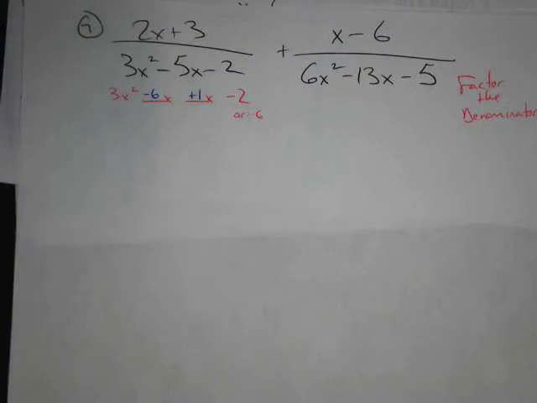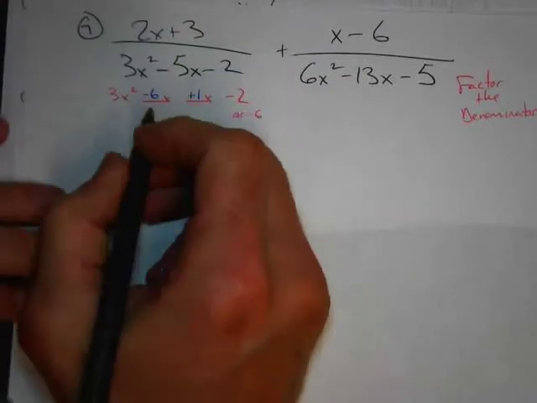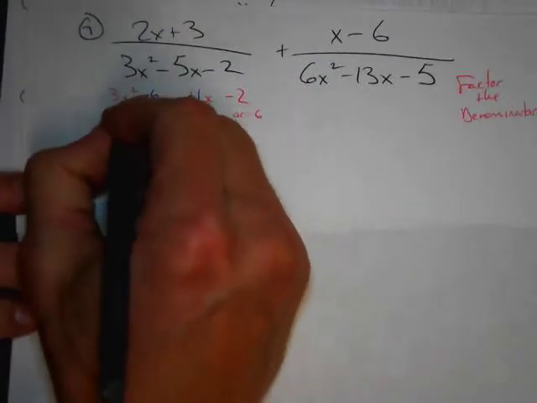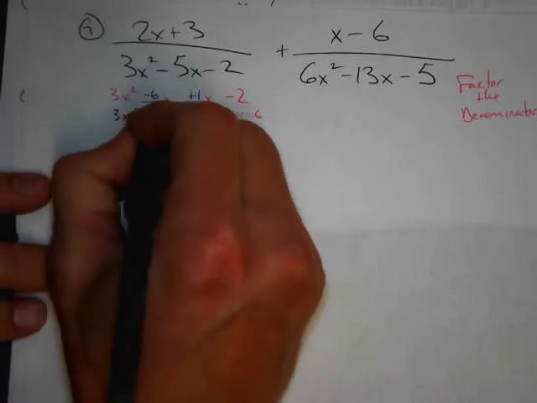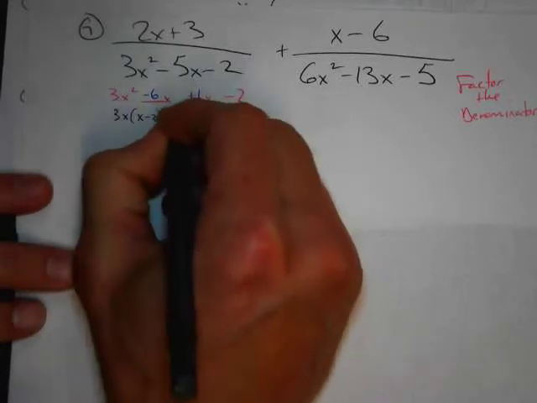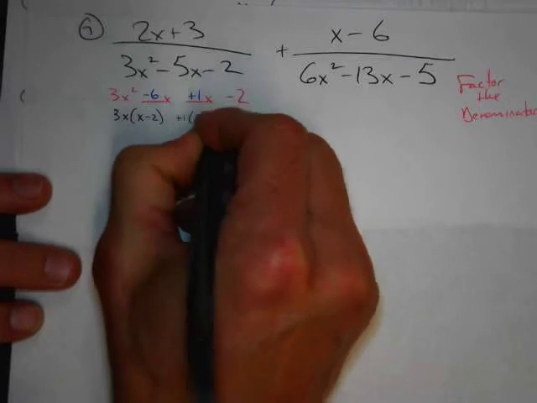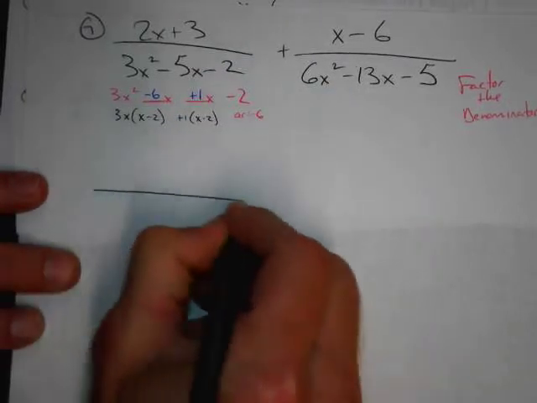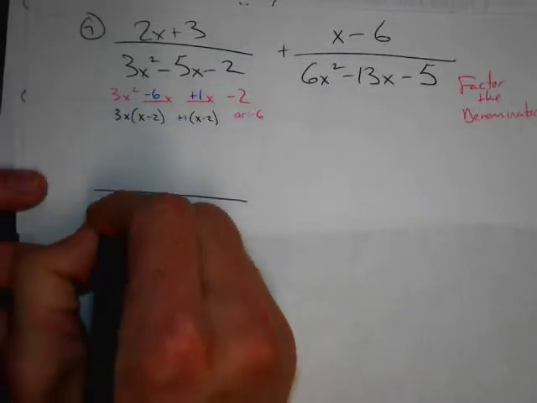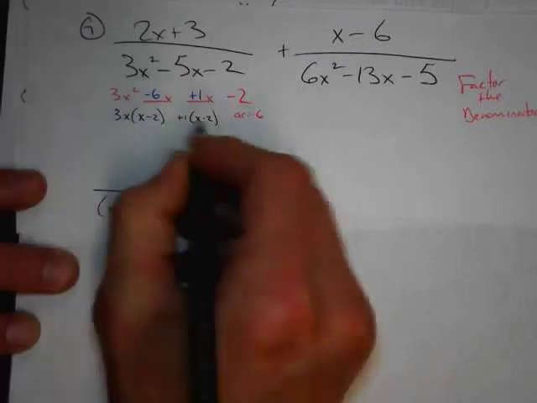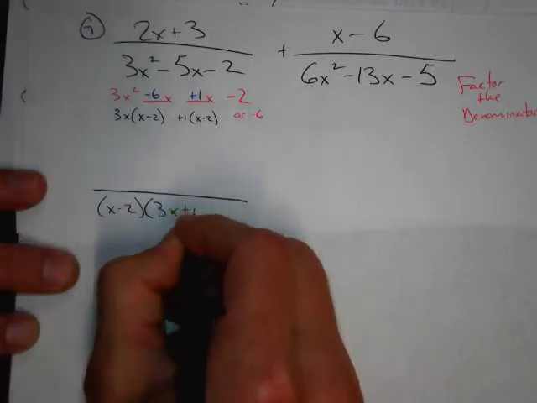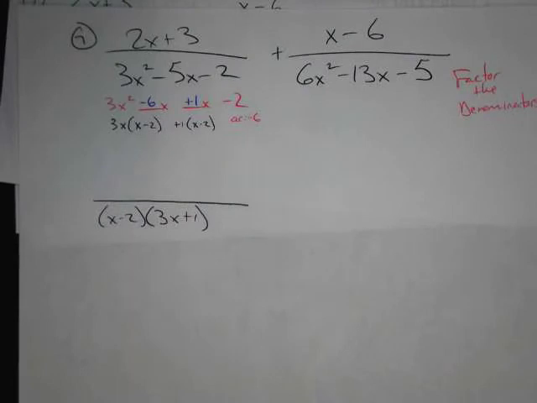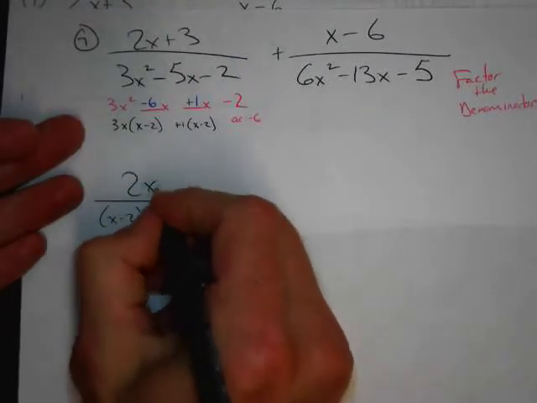And then when we factor by grouping, we're going to end up with 3x as the GCF, and then x minus 2, and then plus 1 is the GCF, and then x minus 2. So this denominator, as a matter of fact, is x minus 2 times 3x plus 1.